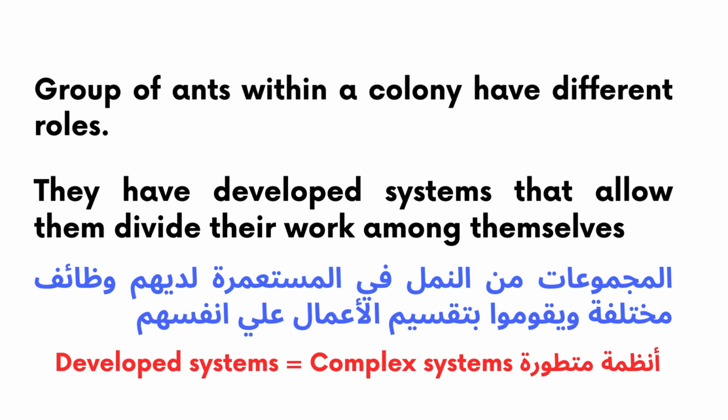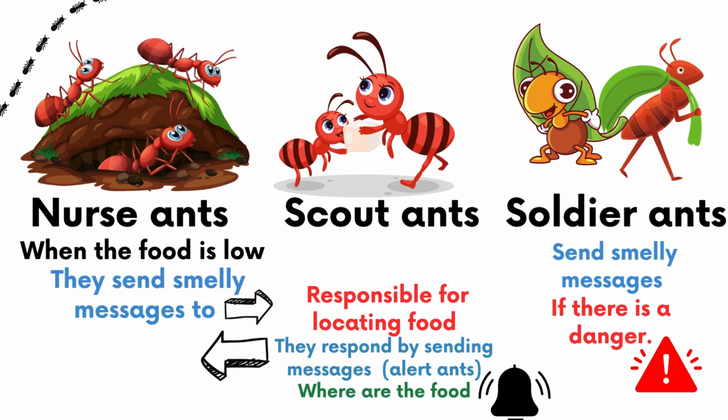In-di-vid-u-al. Individual. And these groups of ants have different roles and functions, and they divide the functions and roles among them. So they have developed systems that allow them to divide their work among themselves, okay? As we see here, we have the nurse ants, the scout ants, and a group called soldier ants.